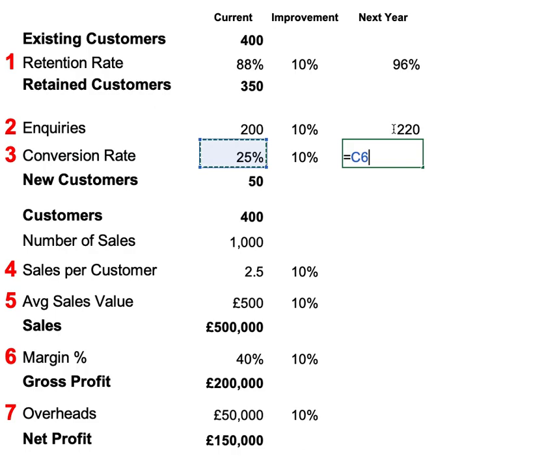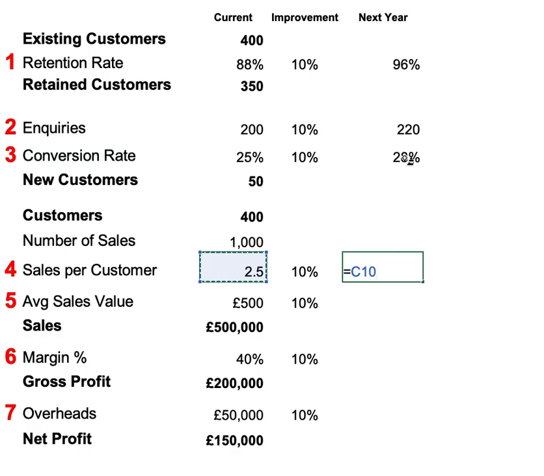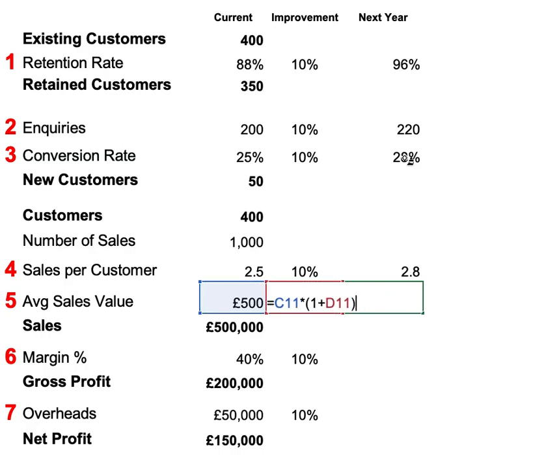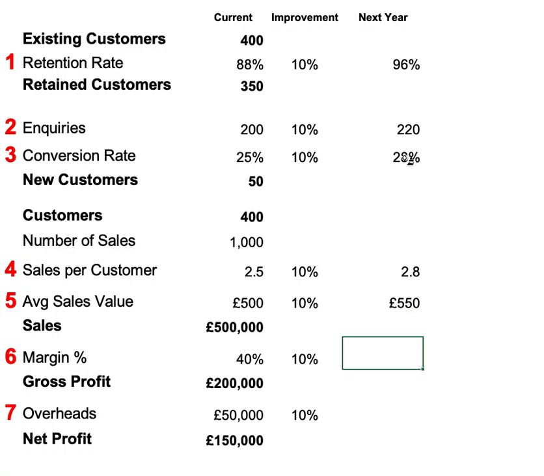Work on our conversion rate. So that improves. We're also going to improve our sales per customer. 2.8. Work on our £500. That becomes 550. Our margin we want to work on as well.